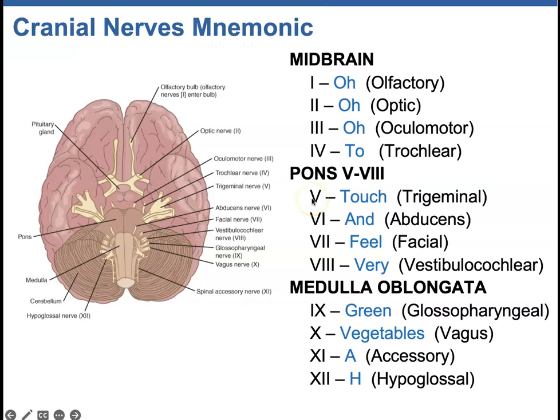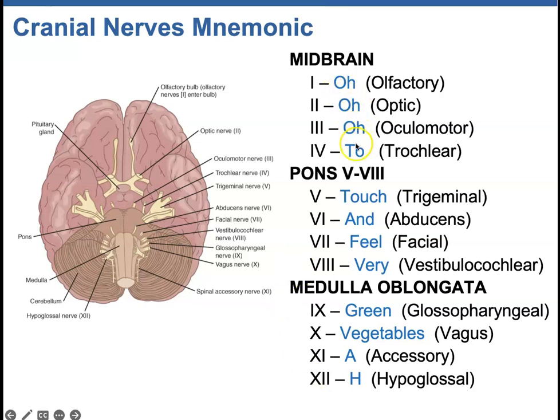So the 5th is the trigeminal, the 6th is the abducens, 7th is facial, 8th is vestibulocochlear, and then within the medulla oblongata, this is where we have the 9th cranial nerve, glossopharyngeal, 10th the vagus, 11th the accessory, and then 12th the hypoglossal. So a lot of mnemonics have been made up to try and remember, okay, what are all these cranial nerves?